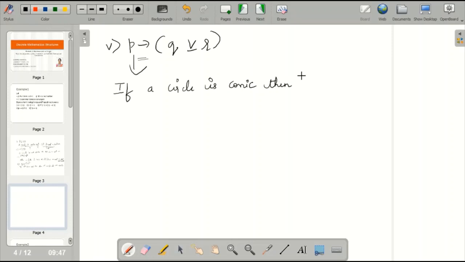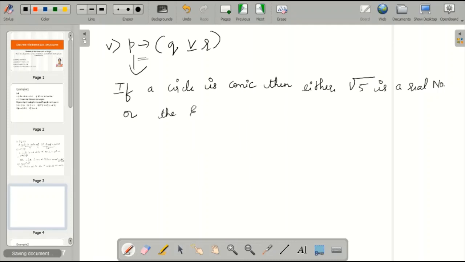Now try to write the next statement, that is Q exclusive or R. Then either Q is root 5 is a real number, either root 5 is a real number or R. Write the R statement.